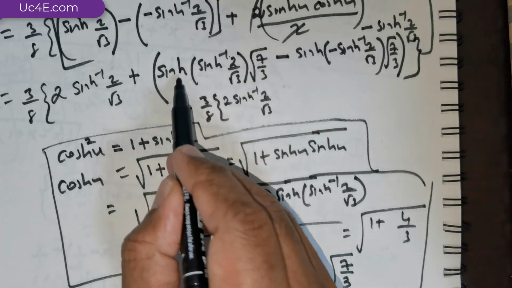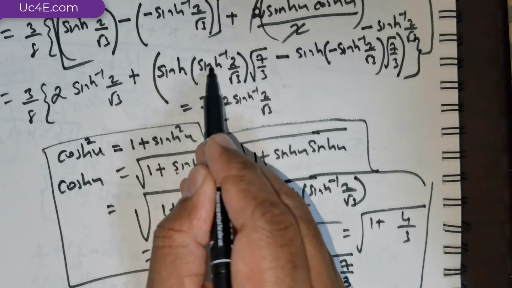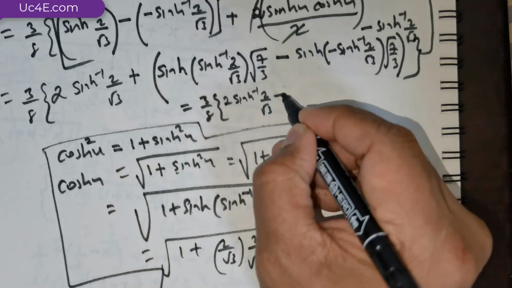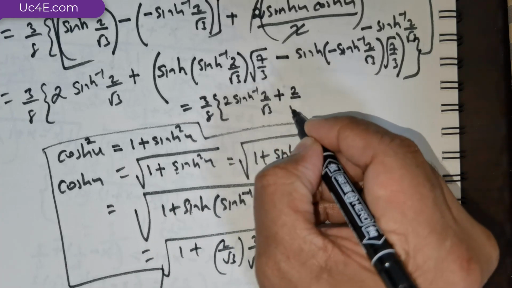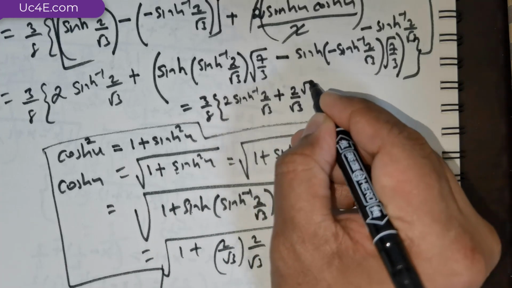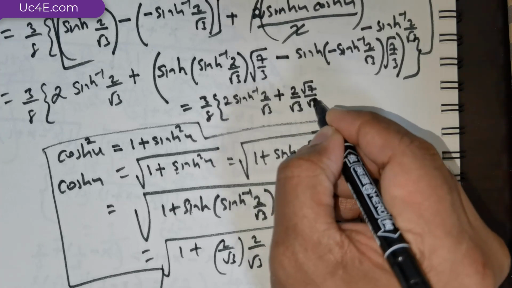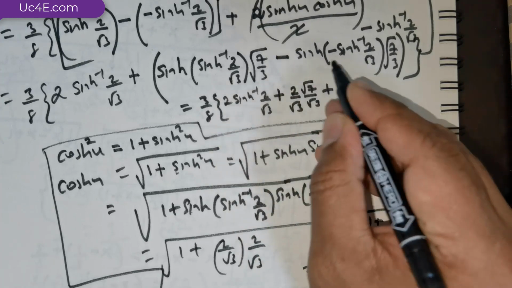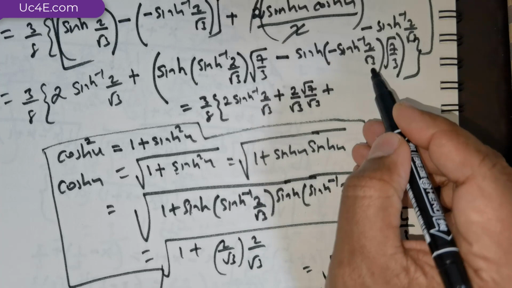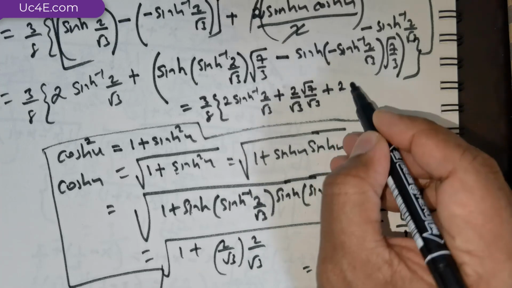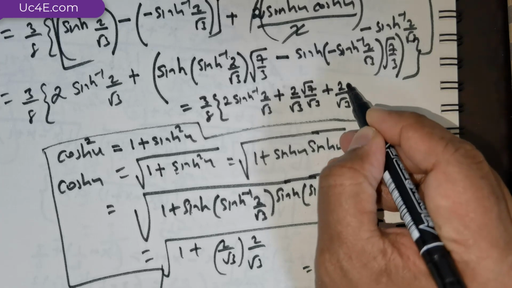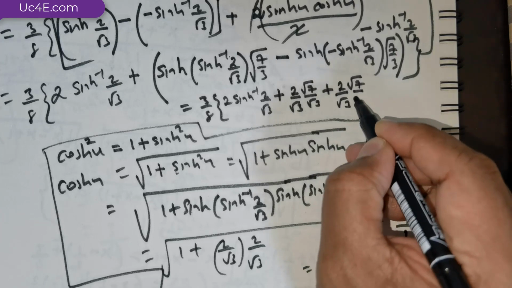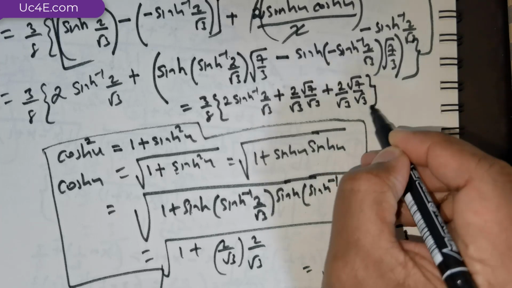Now this is going to give me sinh and sinh inverse, they get neutralized, followed by 2 over root 3 times, I'm writing it as root of 7 divided by root of 3, negative, negative, positive, sinh and sinh inverse, they get neutralized, giving me 2 times, or 2 over root of 3, multiplied with root of 7 divided by root of 3. This is what I have got.